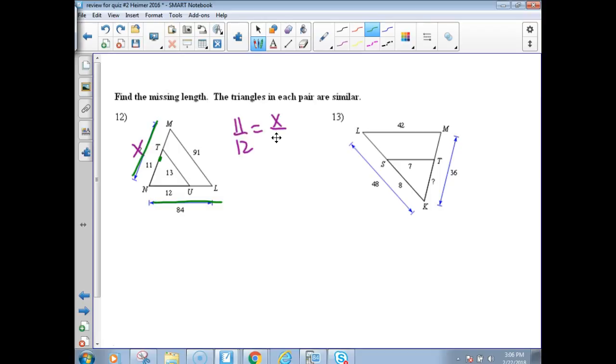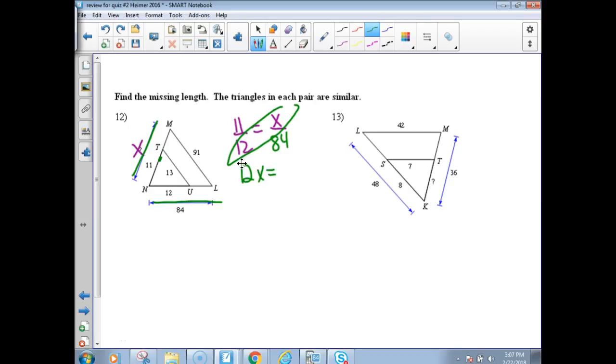Right, you don't have to find this, because you're not comparing it to this. Okay, all right. So that's fine. And you could do x over 11 equals 84/12, if that's what someone else chose to do, as long as you have the 12 and the x across from one another.